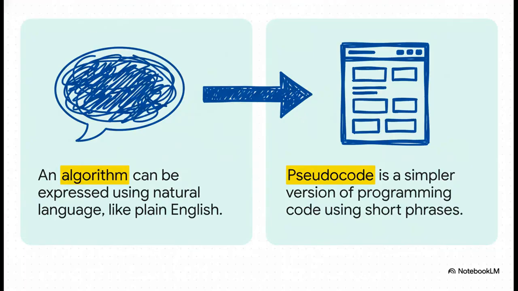This slide really shows you what I mean. On the left, you've got our simple English steps. And on the right, that's pseudocode. See how it has more structure? It's got keywords like function, for, and if-then that mimic how code works. But, and this is the important part, it's not written in Python or Java or anything specific. It is literally a blueprint of the logic that any programmer can pick up and translate into real code.